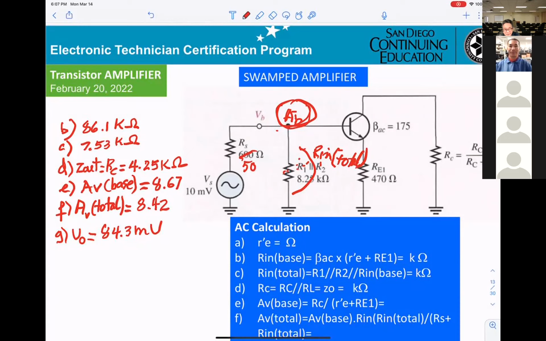However, they gave you a different output impedance, 600, so you're working with 600. If they gave you 50 ohm, you're working on 50 ohm.